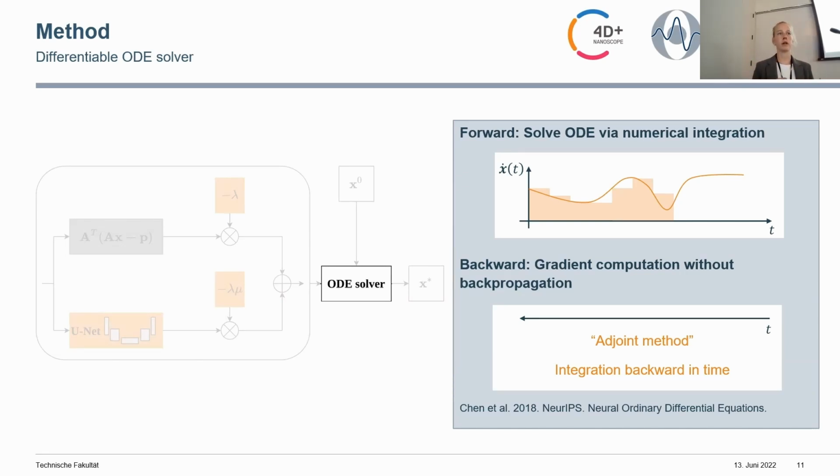Instead, we use what they call the adjoint method in order to compute the gradients. And what this basically is doing is it computes the gradients by solving another ordinary differential equation backwards in time. I will not go into the specifics here now, but the important thing is we do not need to store our intermediate representations in the solver because we do not need to do classical backpropagation through the internals of the solver. And this basically saves us a lot of memory, which is nice.